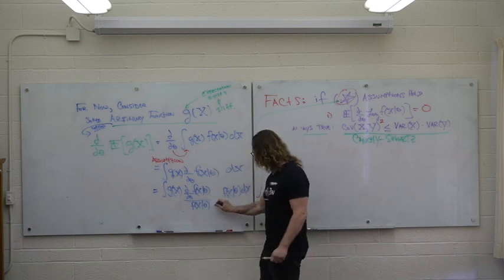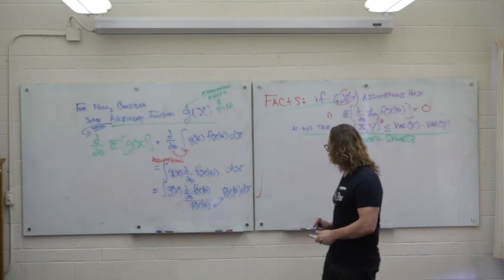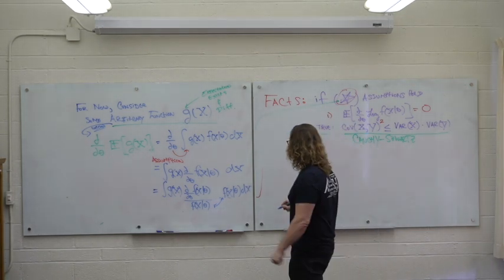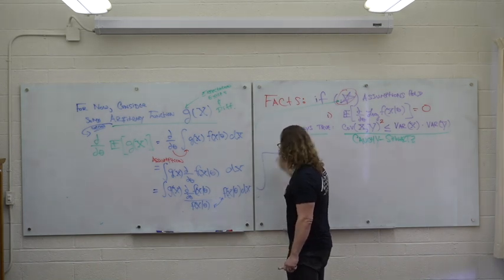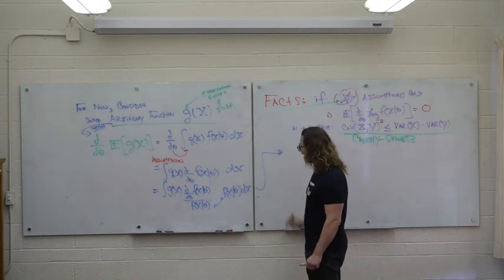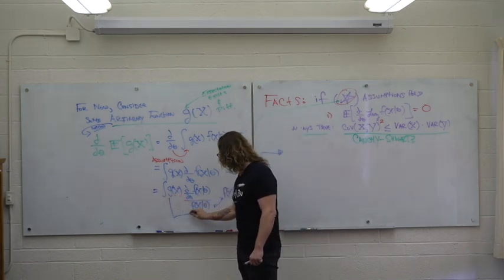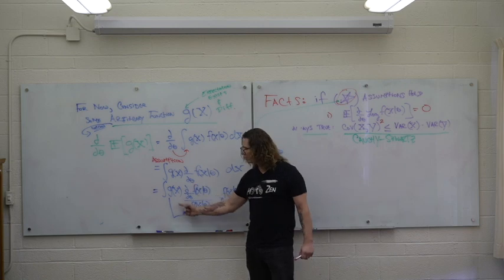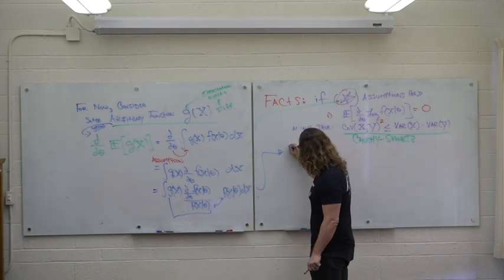So all I did is I multiplied and divided by f(x given theta). So same equation. And I'm going to reinterpret this. I'm going to write this down as the expectation it is. This is an expectation of this creature right here. So I've rewritten the expectation effectively.